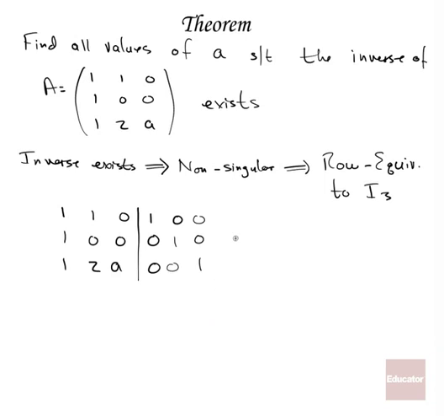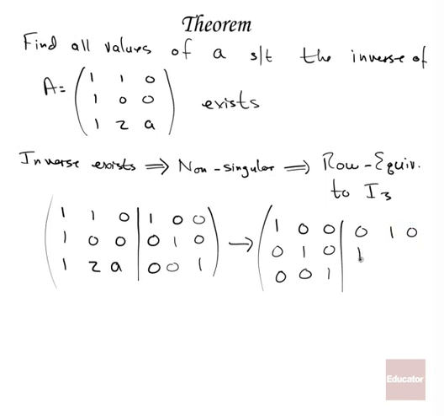What we want to convert it to, when we do reduced row echelon form, ends up being the following: 1, 0, 0, 0, 1, 0, 0, 0, 1. You end up with 0, 1, 0 here, 1, minus 1, 0, and you get minus 2 over A, 1 over A, and 1 over A.